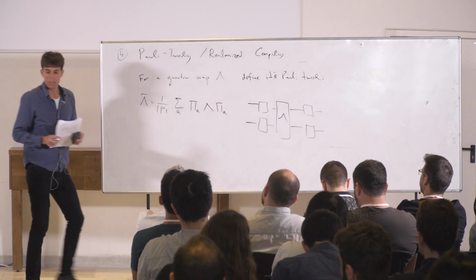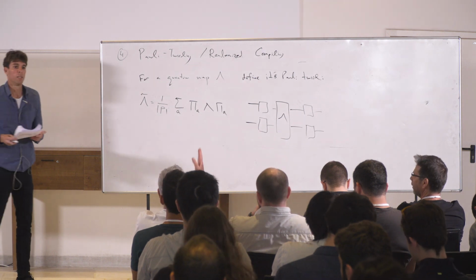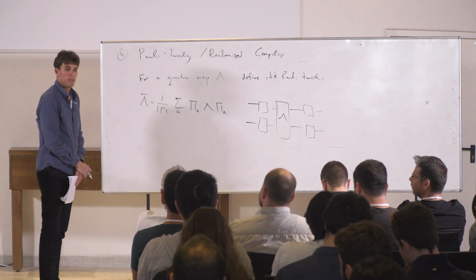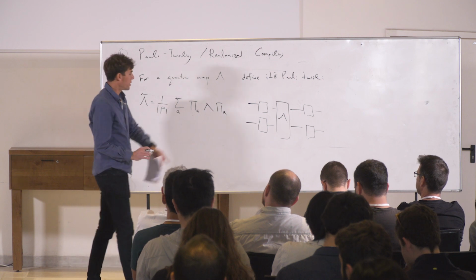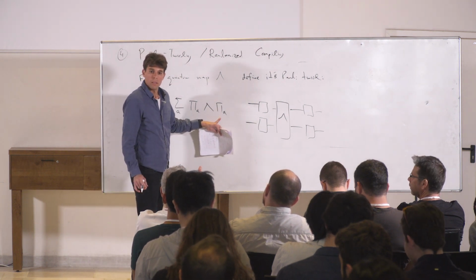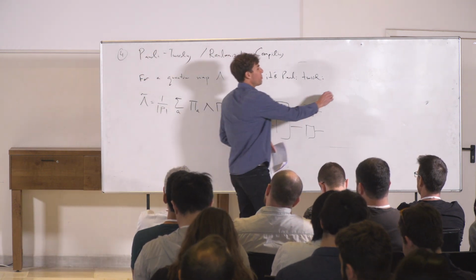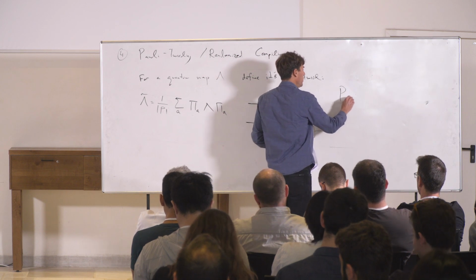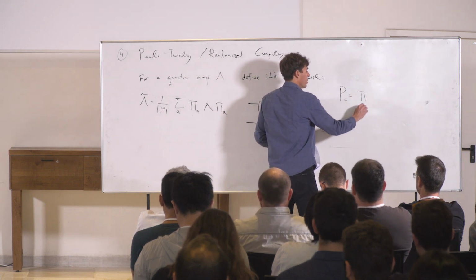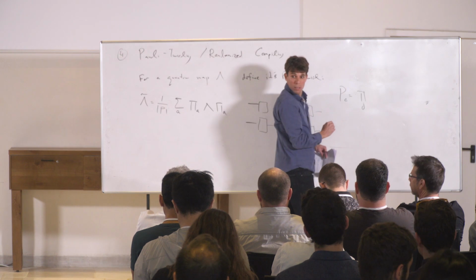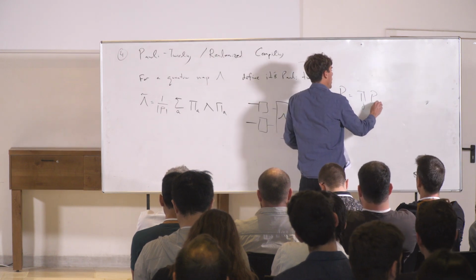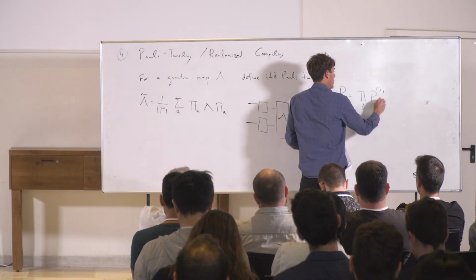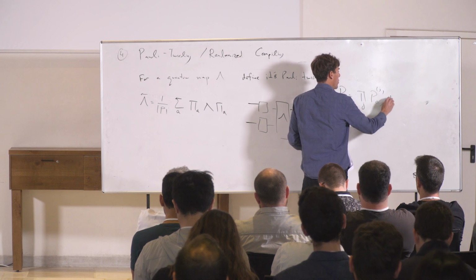Let me write it in a different way, and then it will be clear. When you talked about Pauli, it was a many-qubit operation. Yeah, this is a many-qubit Pauli. Any Pauli is a product over all the qubits, J, right? Some Pauli string.